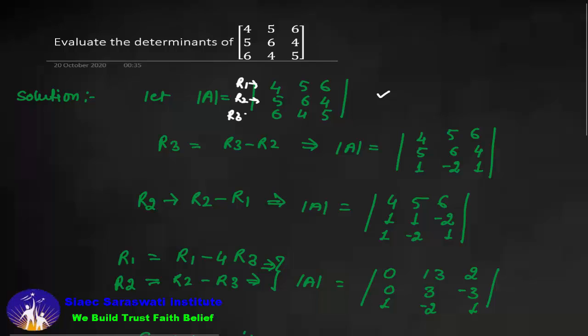Okay, so R3 is equated R3 minus R2, so 6, that is R3 means 6 की जगह पे जो वैल्यू होगी वो 6 minus 5 होगी. So we applied this one, so here देखिए R3 की वैल्यू आपकी चेंज हो गई है, so the R3 value is changed.